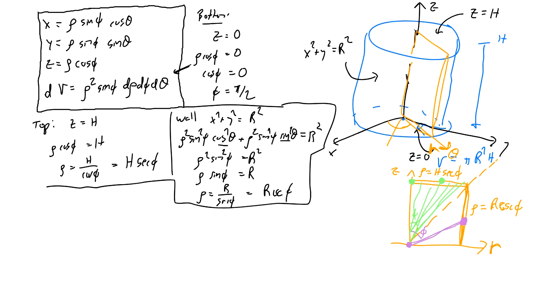And once I go past that, then rho is going from 0 to r cosecant phi. So I'm going to have to do two different integrals and add them together. Let me see how much of the integral I can write down where, just for the moment, I'm going to call this mystery angle question mark.